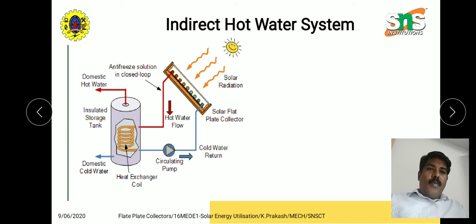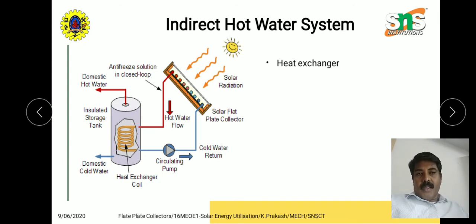Why are we going for this indirect hot water system? In summer days, solar radiation is abundant, so a direct water system is possible. But during the rainy seasons, if there is no solar radiation, this setup can be used.